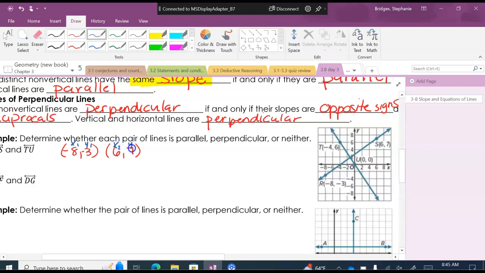The formula is y2 minus y1 over x2 minus x1. Make sure you simplify the slope as much as you possibly can.